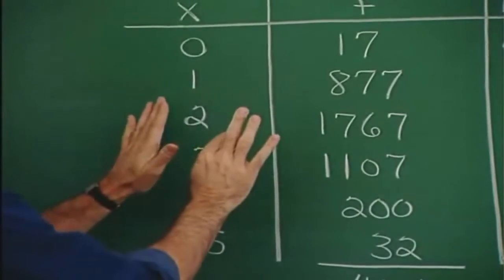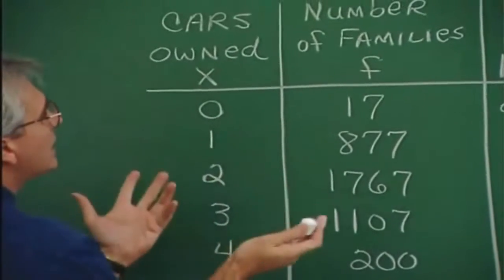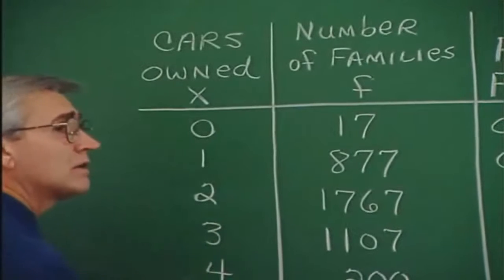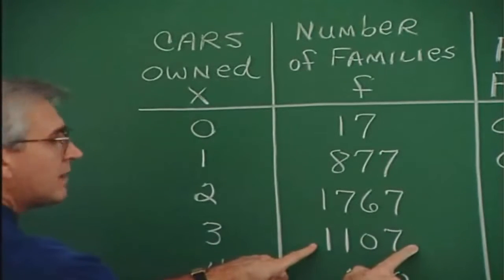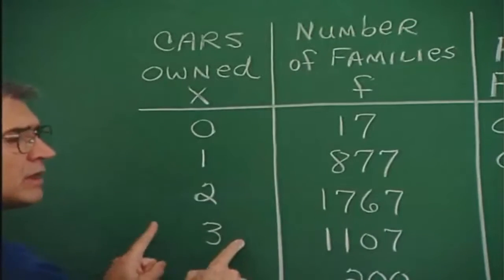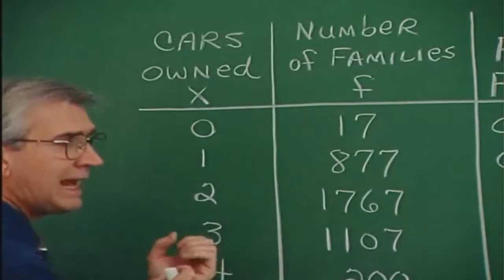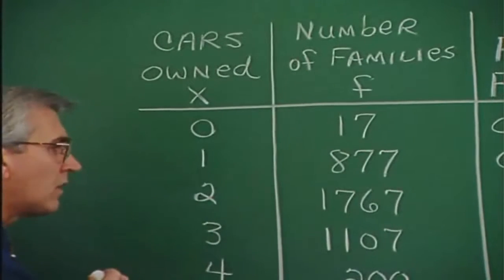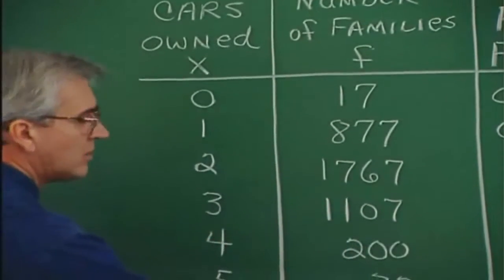Okay, now with that in mind, in this frequency environment, let's think about the probability that a family would have 3 cars. Well, let's see. This many families, 1,107 families, have 3 cars. If we were going out and selecting a family at random, the probability that that family has 3 cars would be, let's see, favorable outcomes over possible outcomes.